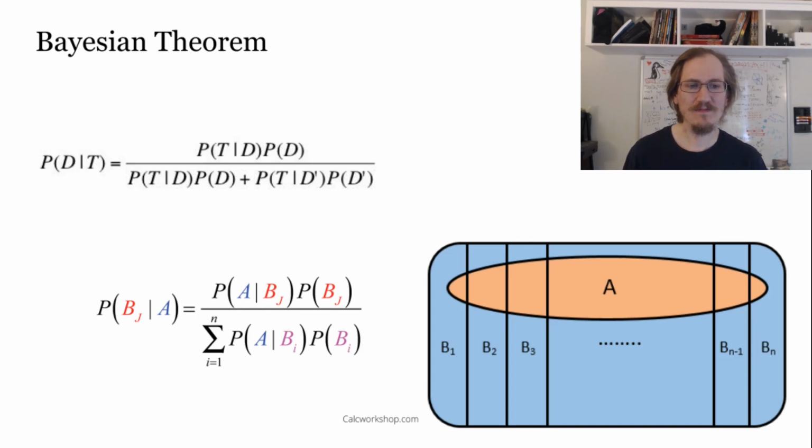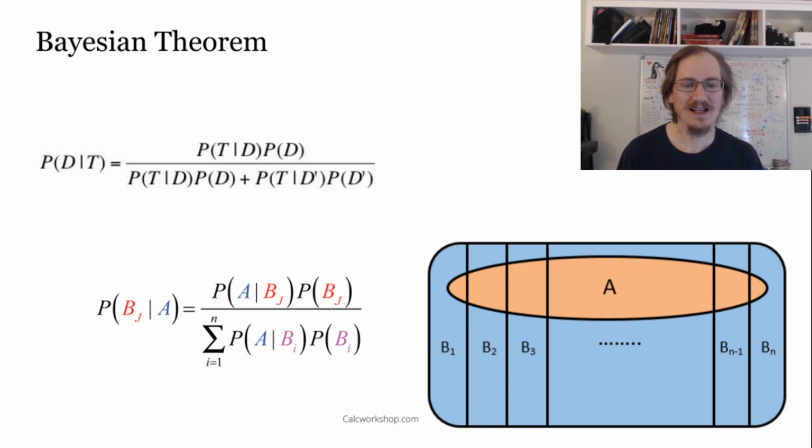So in a way, we've partitioned the space of all possible events. What we're interested in is the probability that one of these events occurred, Bj. That's on the left-hand side of the bottom equation. What's the probability of Bj given A? So we know that A occurred.